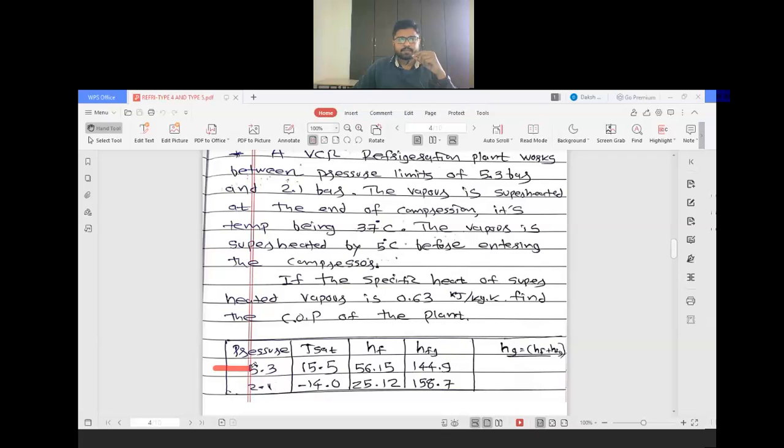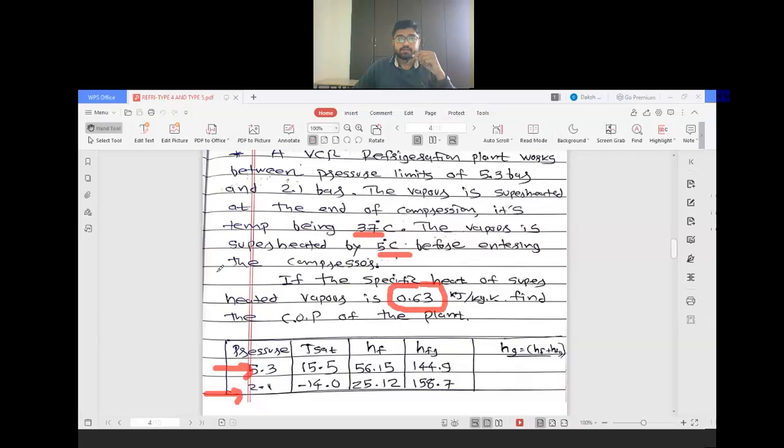Clear? The vapor is superheated at the end of compression. Its temperature is 37. The vapor is superheated by 5 degree before entering the compressor. The specific heat of the vapor, CPV, is given.